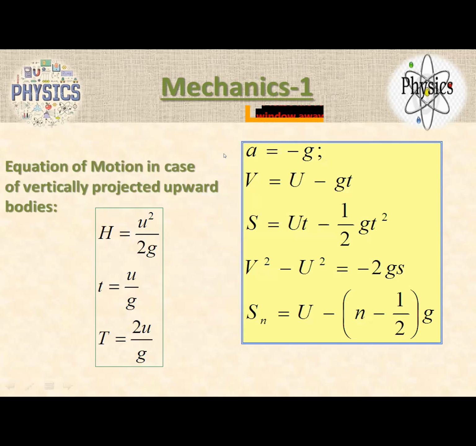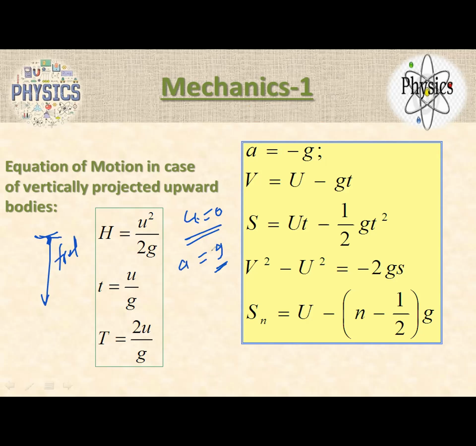In the case of freely falling bodies, you just release the object towards the ground. Freely falling bodies means you just throw the ball from a certain height, and the initial velocity is 0. In that case, u is equal to 0 and a is equal to g, the acceleration due to gravity.